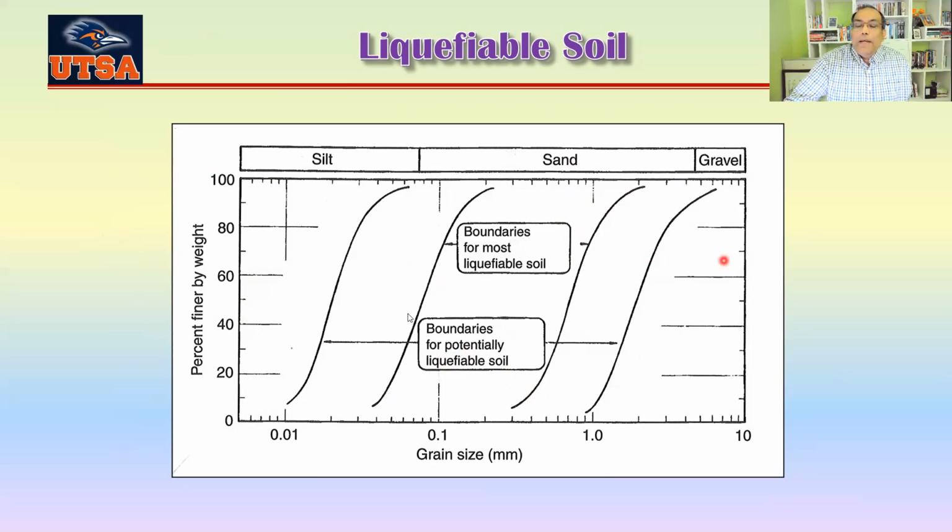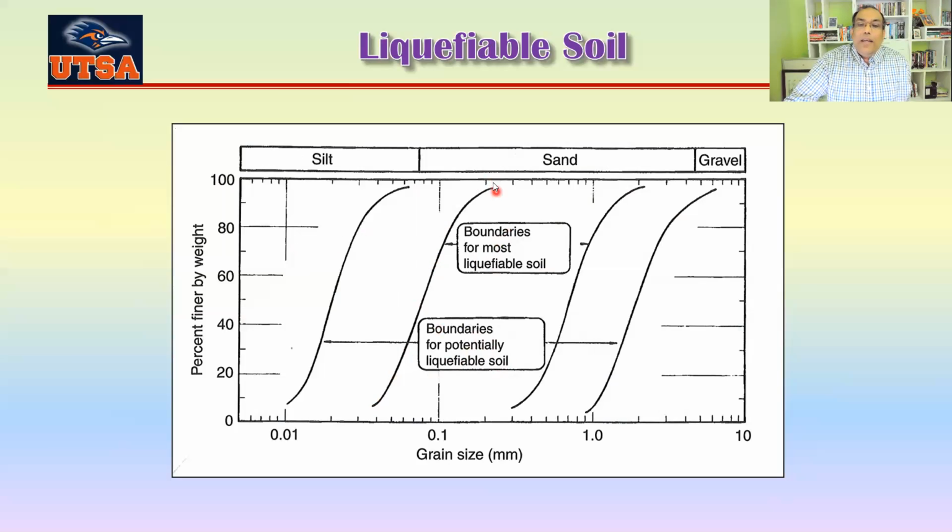Okay. Anyway, I ask you one of the questions: how do you know whether your soil is within the boundary of the most liquefiable soil, within the boundary of the potentially liquefiable soil, or outside of the boundary? I gave you 5 or 6 soils. What you can do here is get 3 or 4 points for this line.